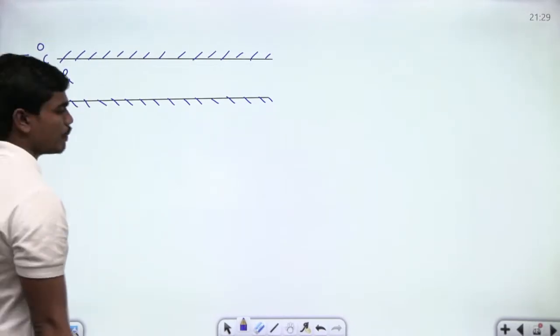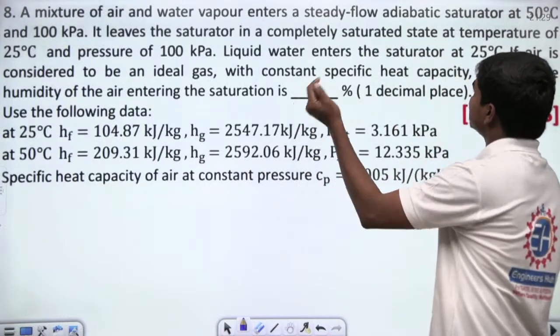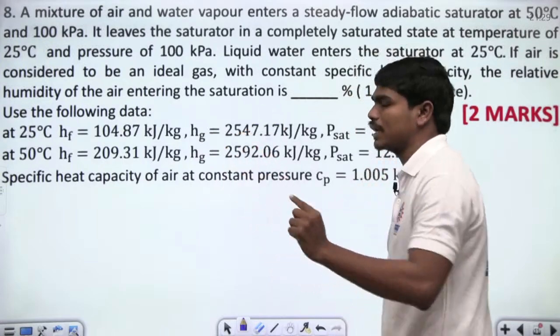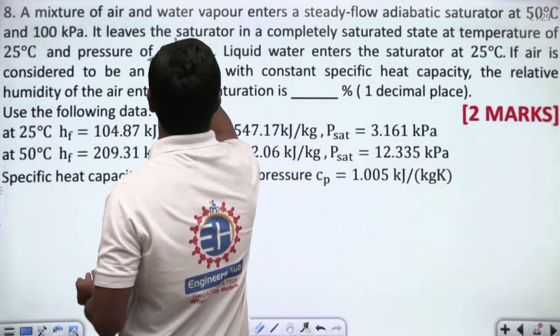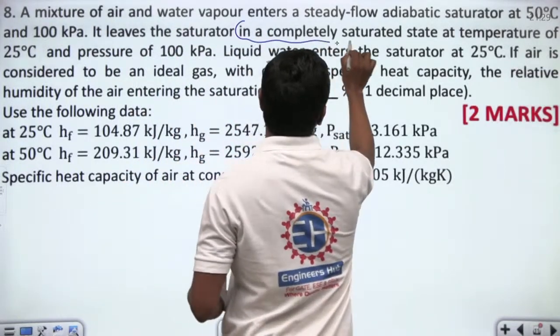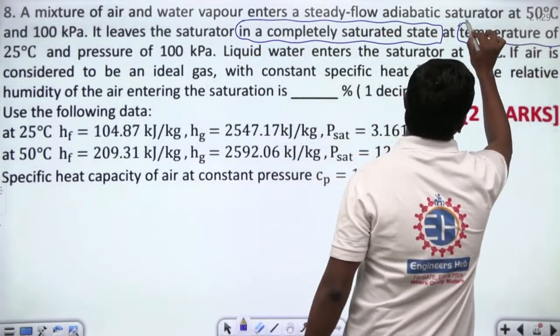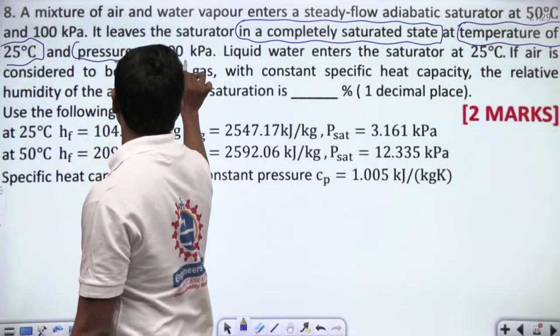Then what's happening next? It leaves the saturator in a completely saturated state at a temperature of 25 degrees Celsius and pressure of 100 kilopascals. From this statement, we can identify 3 important things. The moist air leaves the saturator in a completely saturated state at 25 degrees Celsius and 100 kilopascals.